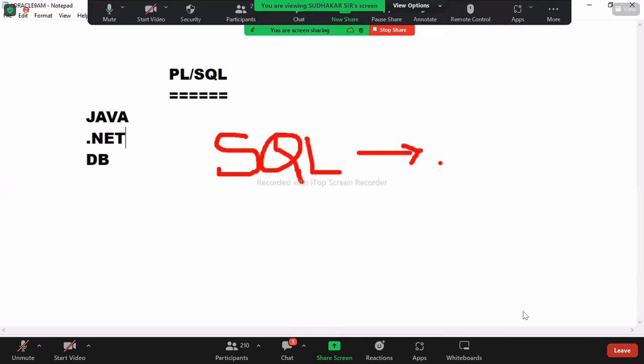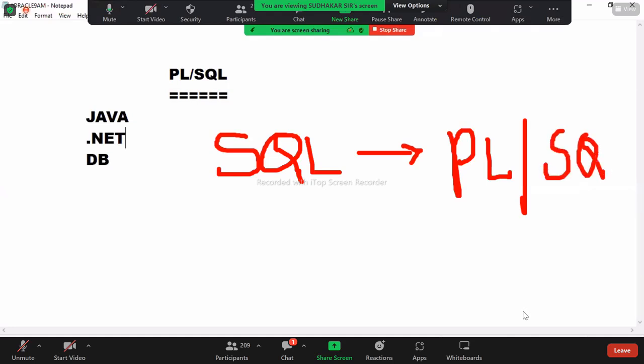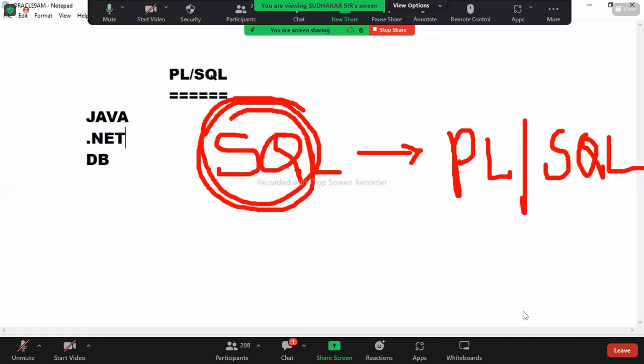The SQL extension is called PLSQL. People introduced the SQL extension PLSQL because they were finding some problems as per their work levels, or some advanced features could not be supported in SQL. For that reason, they introduced PLSQL.